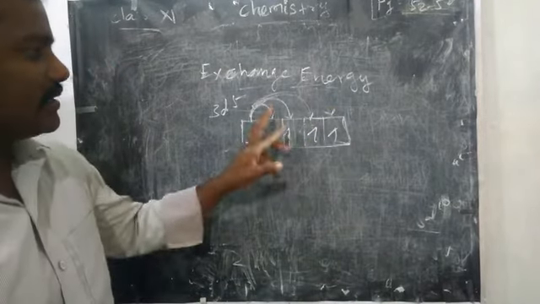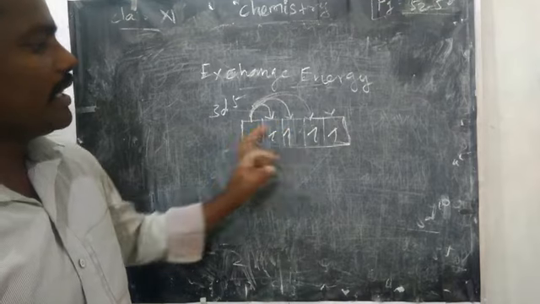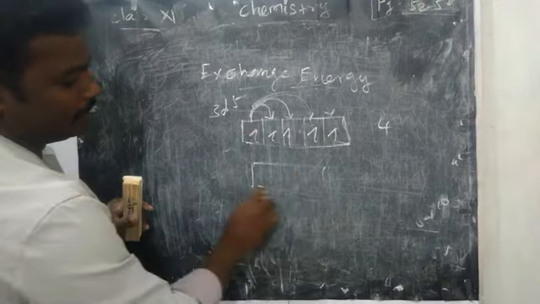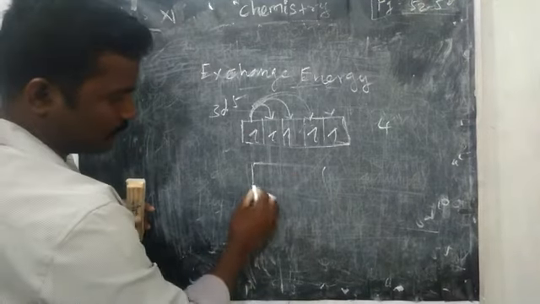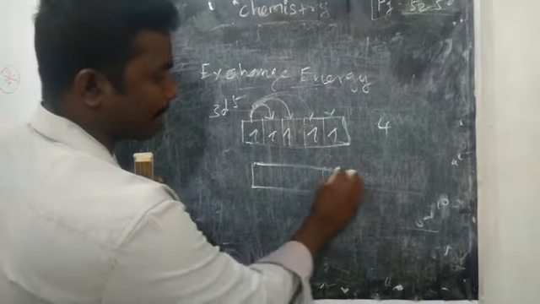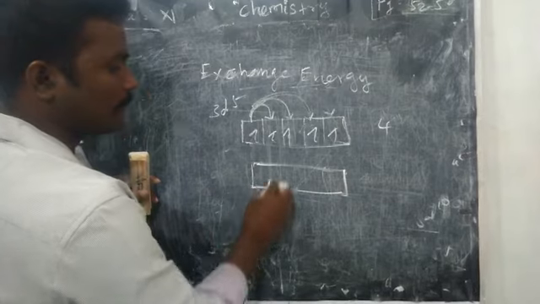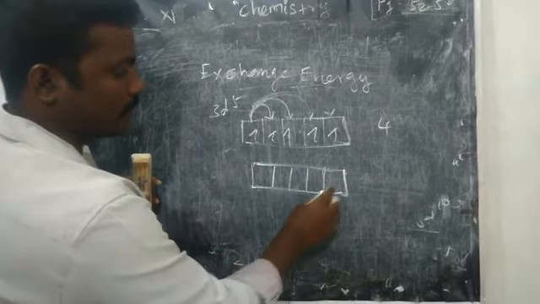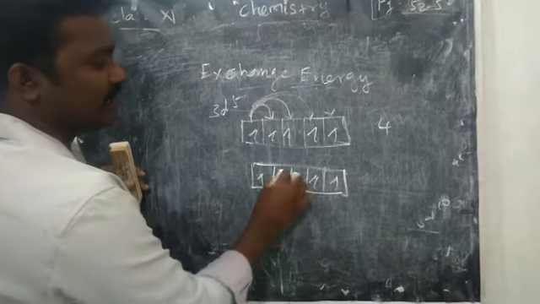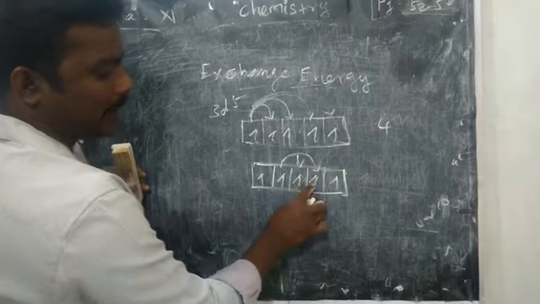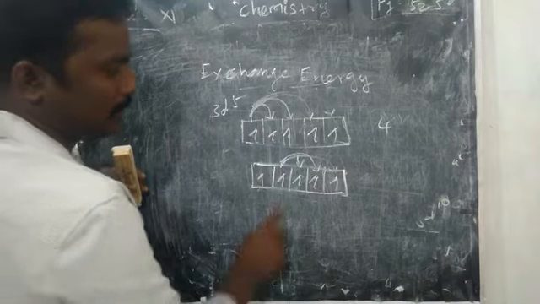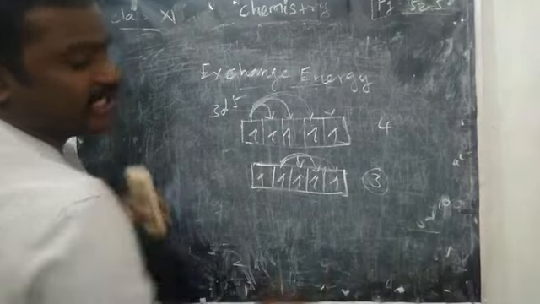So how many possibilities? 4. Then the second electron may exchange with the third, fourth or fifth one. What about the first one? Already we have learned. So 3 exchanges are possible.